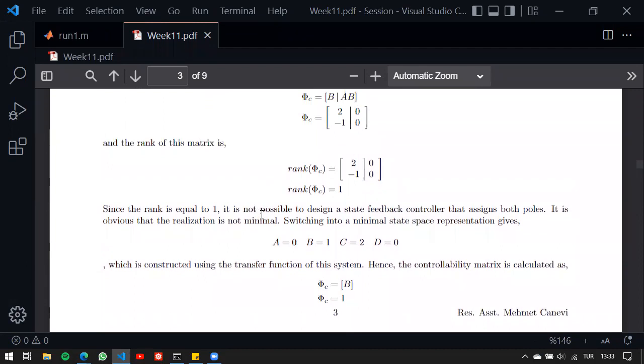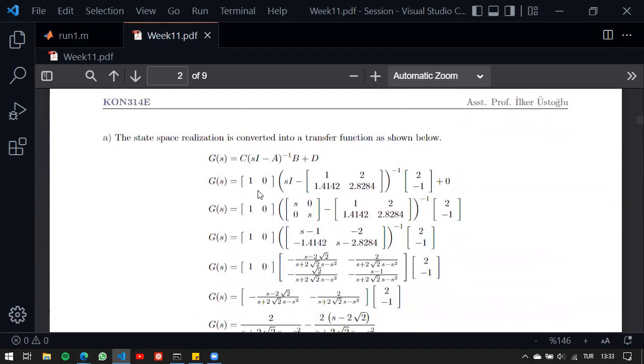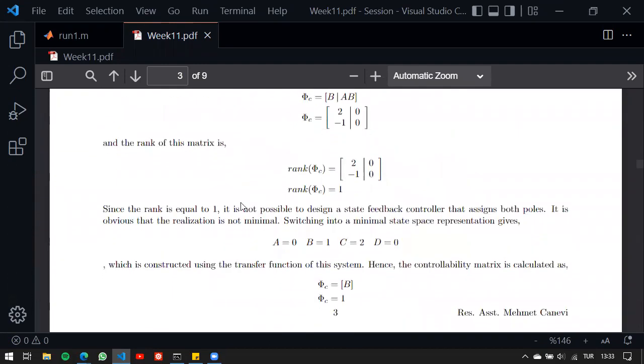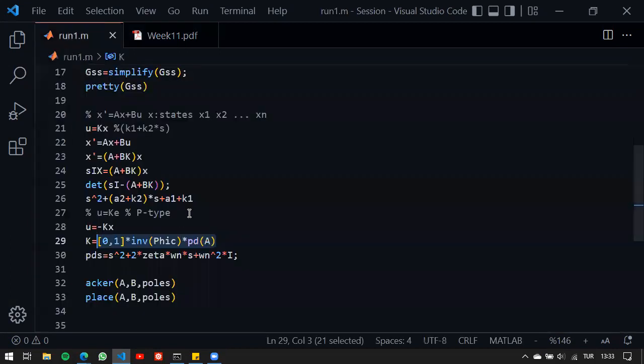Now, instead of using A, B, C as given in the system, like these values or matrices, we can come up with a pole zero cancellation, after that we have 2 divided by s. You can just directly choose a model on your own. And let me comment on that.